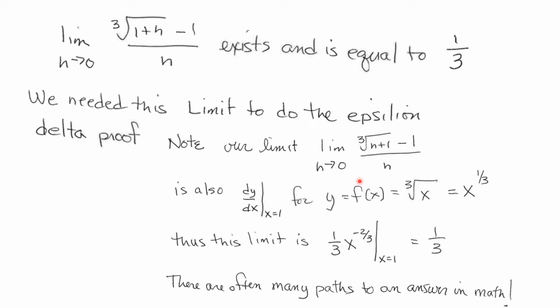Think about that, but that is true. Thus, this limit is in fact the derivative of x to the 1/3, which is 1/3 x to the minus 2/3, evaluated at x equal 1. And you plug in the number and you get 1/3. And as I conclude here, there are often many paths to an answer in math. And both of these are useful for you to consider.